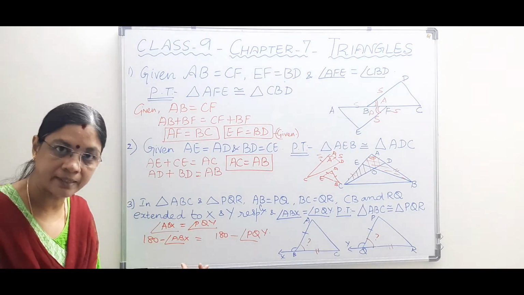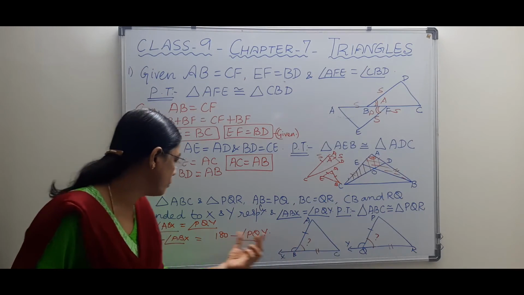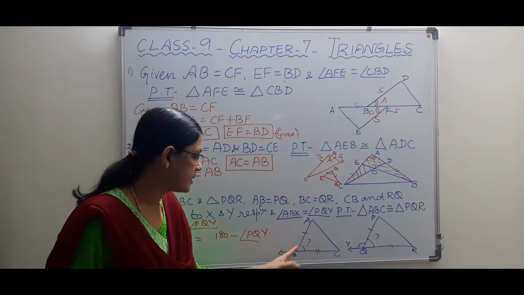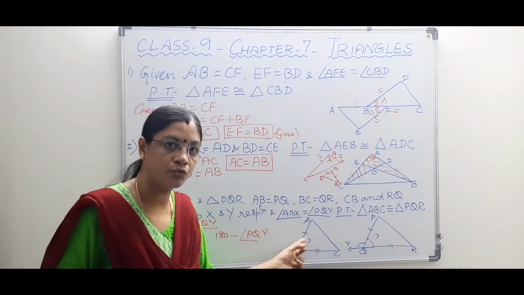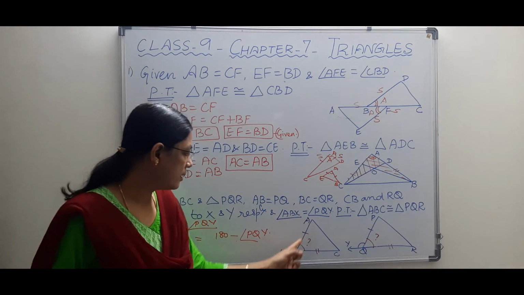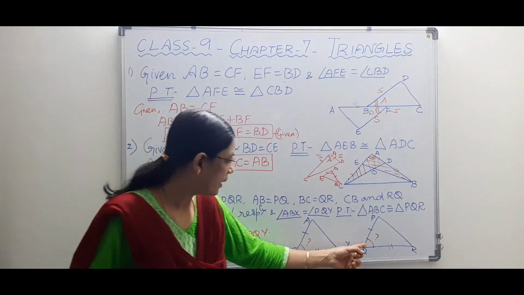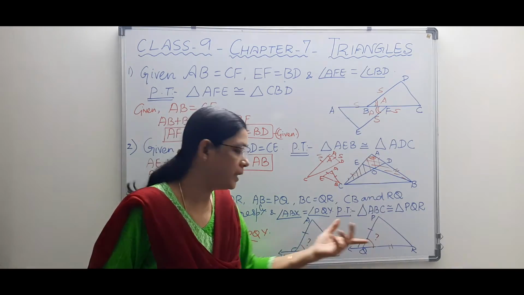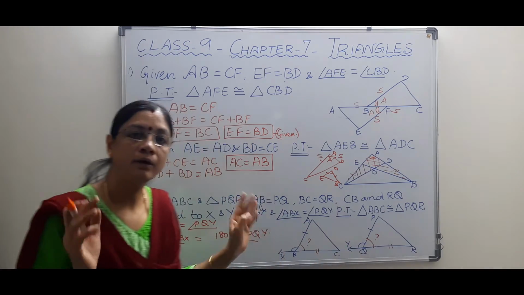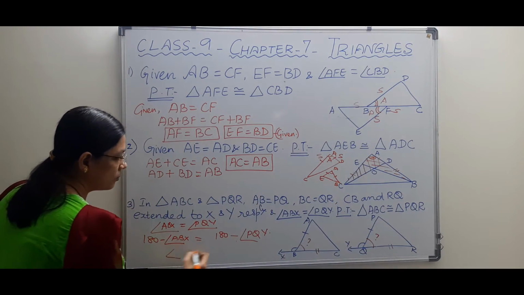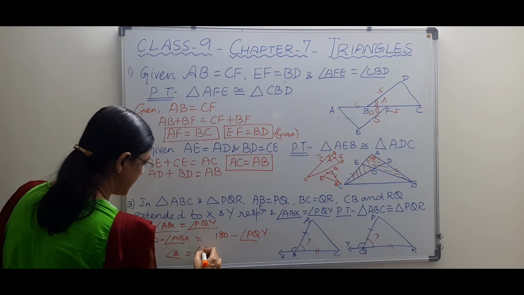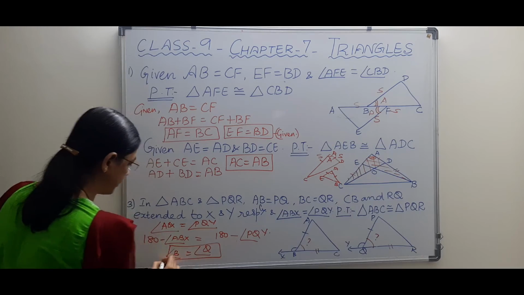What is 180 minus ABX? It is this angle ABC, because these two form a linear pair, and 180 minus PQY becomes PQR. We can simply write it as angle B and angle Q. So angle B is equal to angle Q.